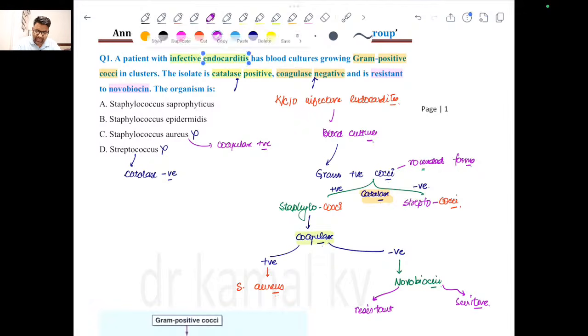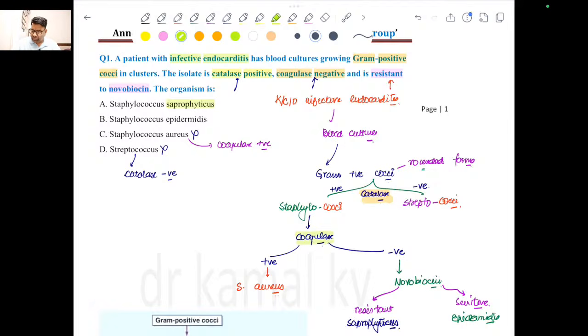If it is sensitive, this is epidermidis. Okay. And if it is resistant, this is saprophyticus. Clear? So, in the question it is resistant to novobiocin. So our answer will come out to be Staphylococcus saprophyticus, right.